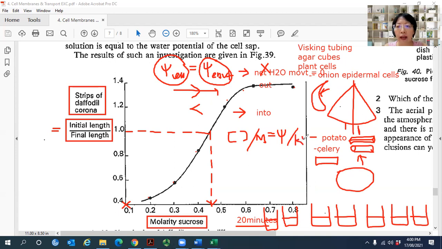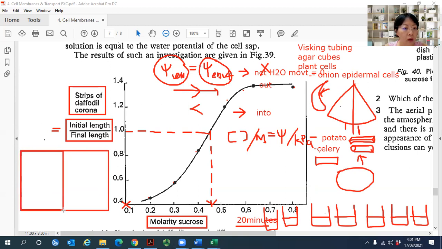So how am I going to convert that after I found out the sucrose concentration? There is a table that is available for you to find out from. If this is the sucrose concentration, what is the water potential of this sucrose concentration? So you can use this table to find out.